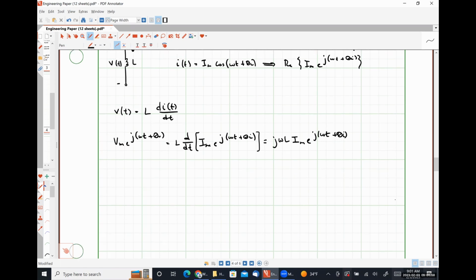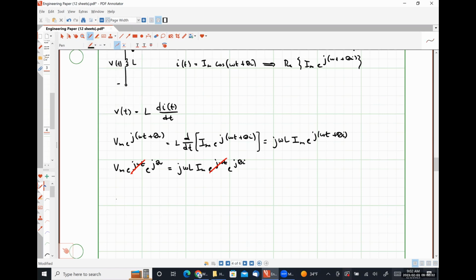plus theta I. I'm going to break up my exponentials again. So I'm going to have Vm e to the j omega t e to the j theta V will be equal to j omega L Im e to the j omega t e to the j theta I, and my j omega t parts cancel away.